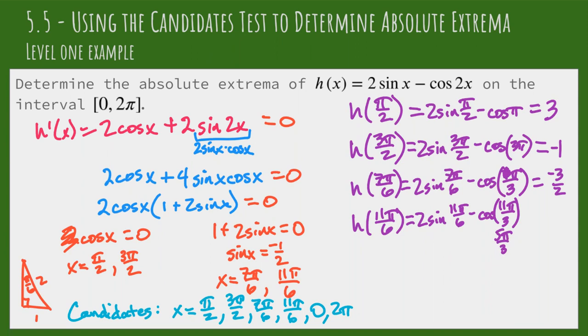So that one's going to give us a plus 1/2, I think. Let me think that through. So we're going to have 2 times negative 1/2 is going to be negative 1. And then cosine, I'm sorry, that's in the fourth quadrant. And cosine is positive in the fourth quadrant. Good thing I checked that. So it's going to be minus 1/2, so that's going to be negative 3/2 also.